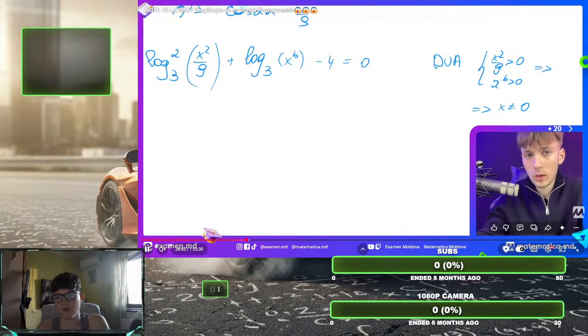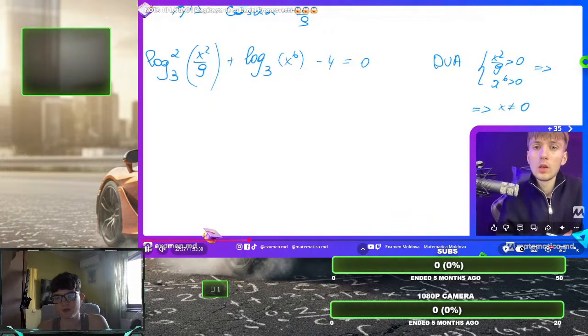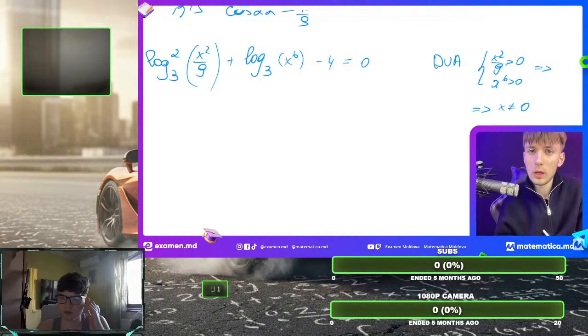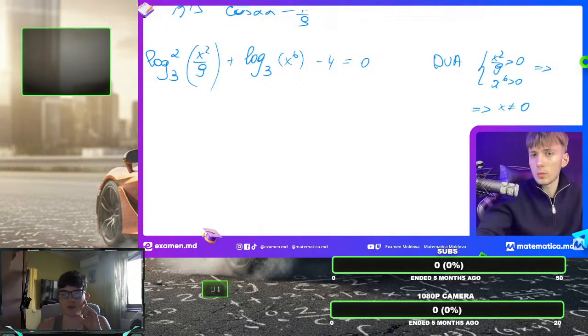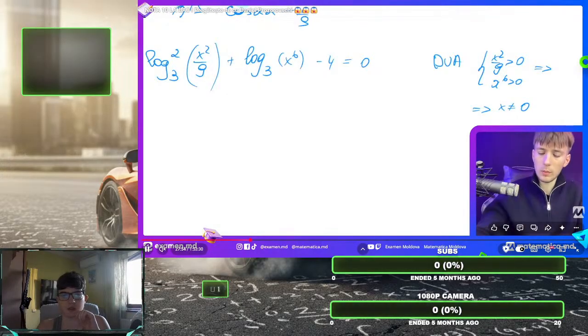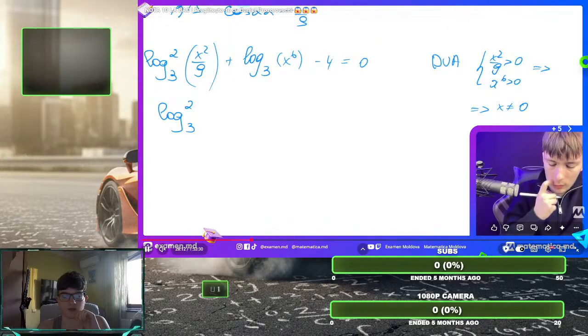X must not be 0, that's the condition. So I guess that makes sense because you cannot put a 0 to a power of 2 and stuff like that. You can put something at a power of 0 that's going to be 1, but you can't put the 0 as the base of an exponent.